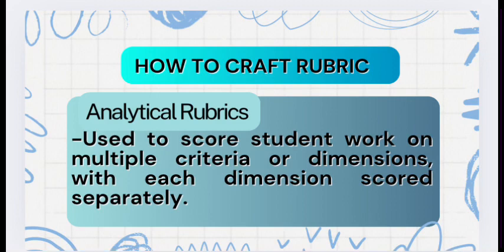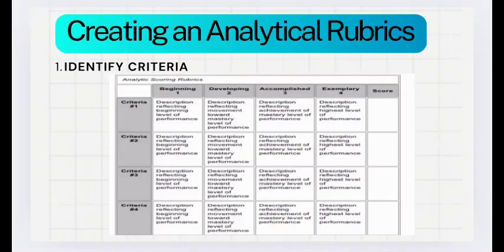Analytical rubrics are used to score student work on multiple criteria or dimensions, with each dimension scored separately. Meaning, in an analytical rubric, it really describes each criterion or each part of the student's work. So an analytical rubric is very detailed compared to a holistic rubric. So let's move on to creating an analytical rubric.